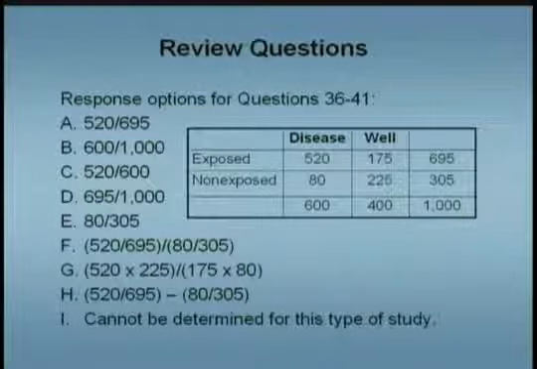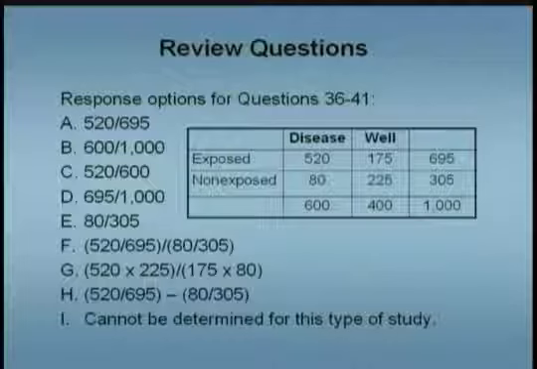Because this is a cross-sectional study, I have no incidence rate whatsoever here. The right answer, therefore, here is I. Given no incidence data, I simply cannot compute a relative risk. If this were, by contrast, a cohort study, then I could compute a relative risk, which I would do by taking the two incidence rates, 520 divided by 695, compared to 80 divided by 305. But please remember, since it says cross-sectional study, don't do that. The right answer here is I, cannot be determined for this type of study.